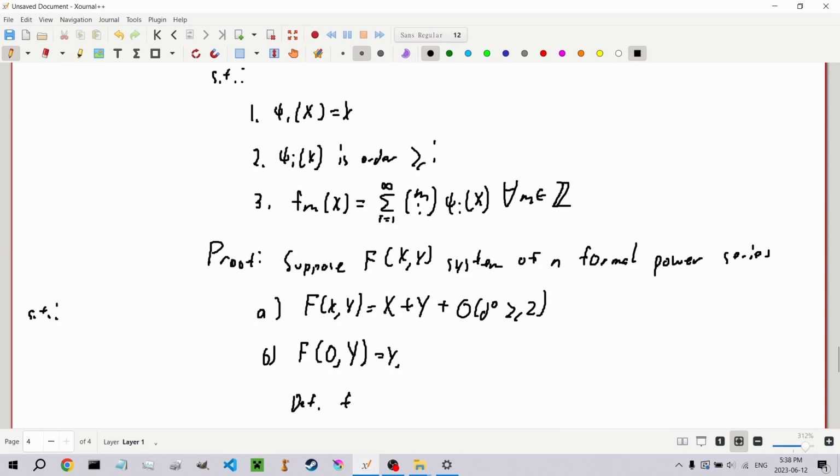Define f^m for m being an integer by our familiar f^0 is 0, and f^(m+1) is f of x and f^m of x.